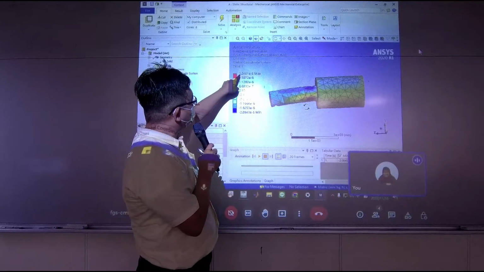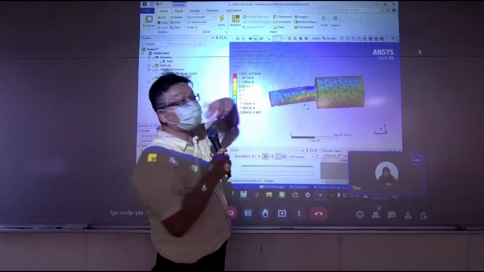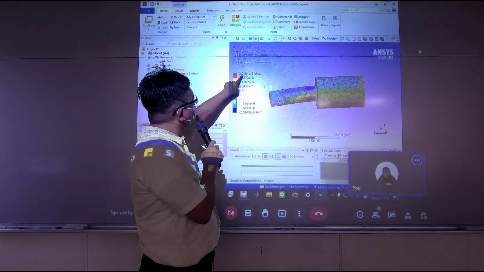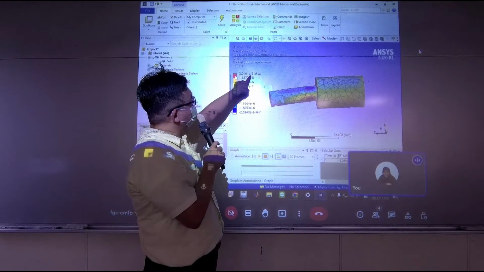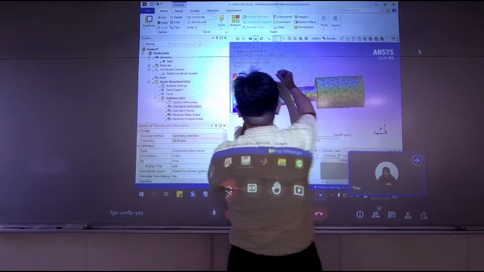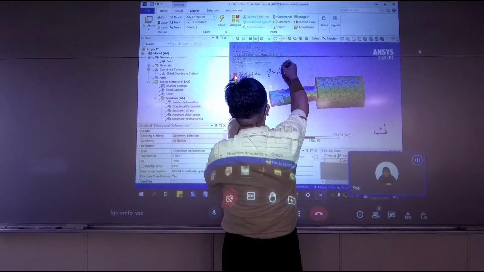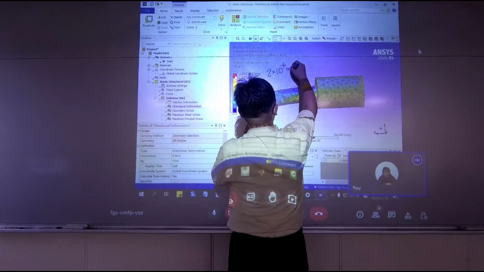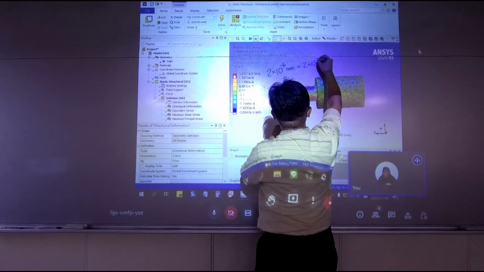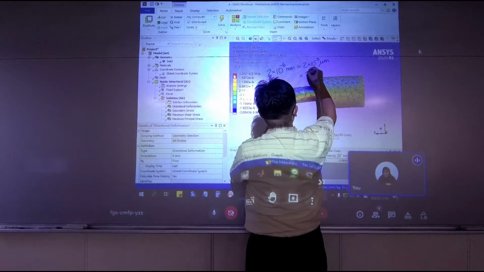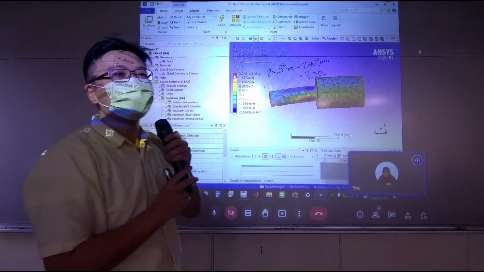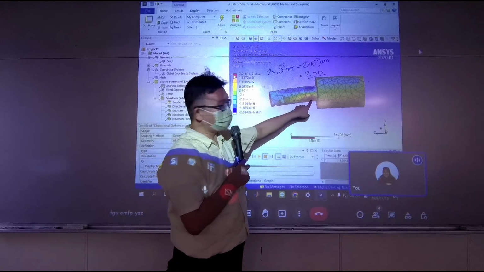And over here, the maximum deformation is 2.0 to the power of negative 6. So this is 2 times 10 to the negative 6 millimeter. So what is that? It's 2/3 micron. So it's 2 nanometer. So there is a 2 nanometer deformation right here.